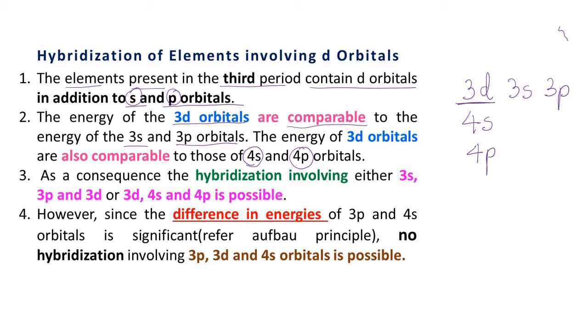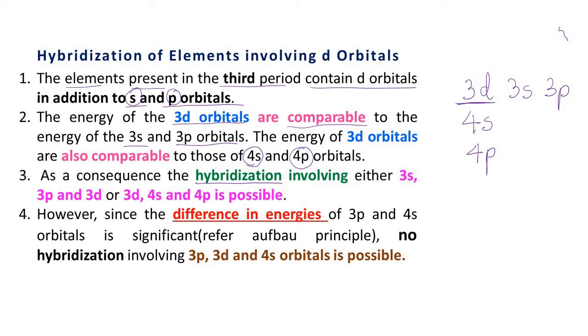Now if you see the third point, you can get to an analysis as a consequence of hybridization. What is the meaning of hybridization? Mixing up of two or more atomic orbitals of slightly different energy to give new orbitals of equivalent energy. The phenomenon is called hybridization, and the new orbitals obtained are called hybrid orbitals, right?